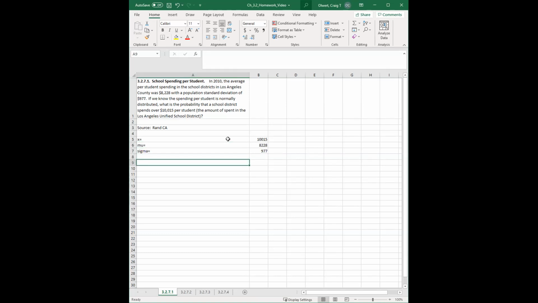Now to calculate the z-score, put equals, open parenthesis, x minus mu, close parenthesis, divided by sigma, the 977 value. Rounding the result to 2 digits gives us the value of z equals 1.83. Let's switch screens and go back to the pad.